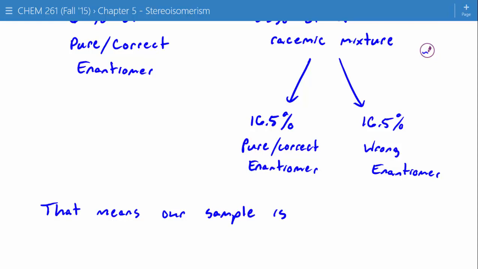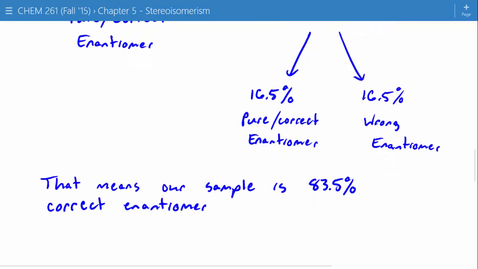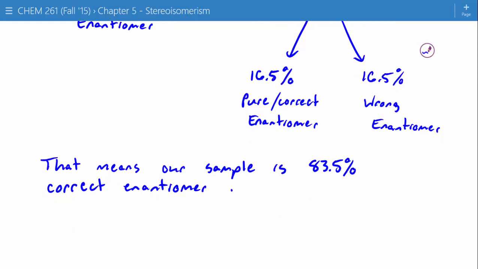Our sample is 83.5% correct enantiomer, and 16.5% incorrect.